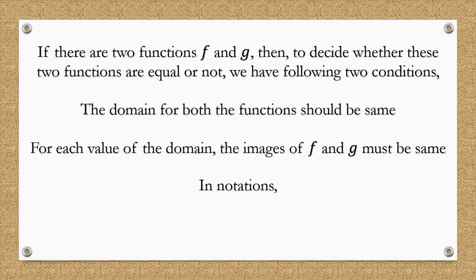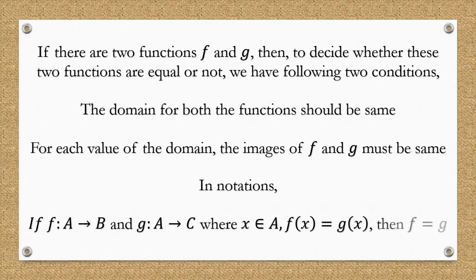If I represent this in notations, it would be: if f is a function from set A to B and g is a function from set A to C, where x belongs to set A, then f(x) is equal to g(x). Therefore f is equal to g. Now let me explain these notations in detail. The first condition is that the domain should be equal.